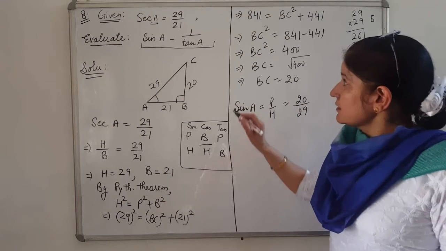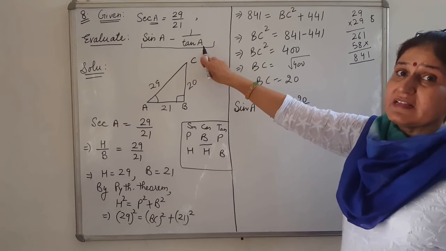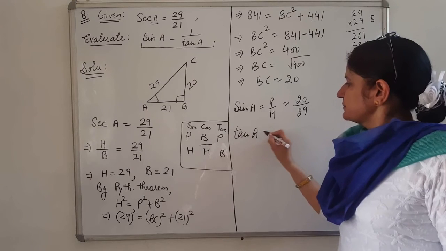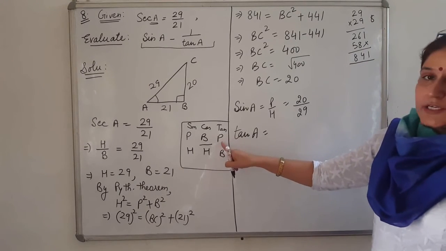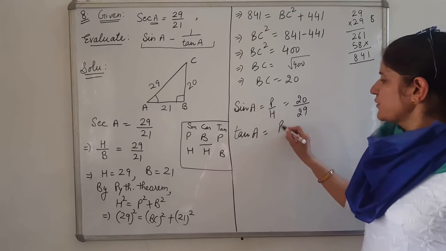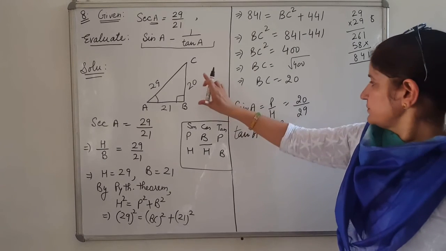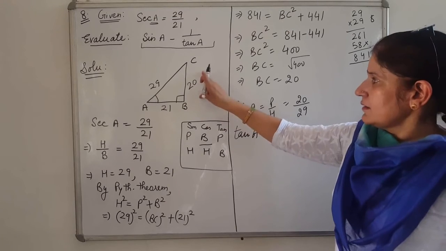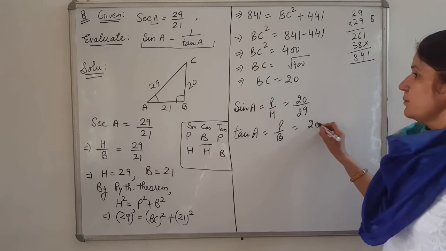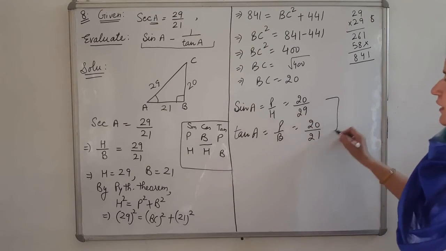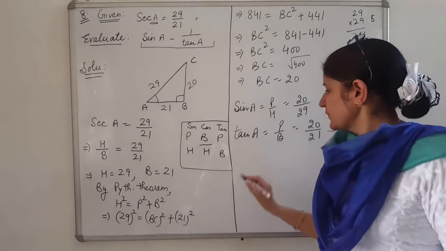And what is the second one? You have to find tangent A. It is the ratio of these two sides, perpendicular over base. Now what is perpendicular? Again 20, base is 21. Now after finding these values, we have to substitute.